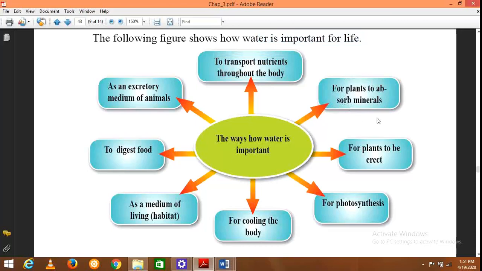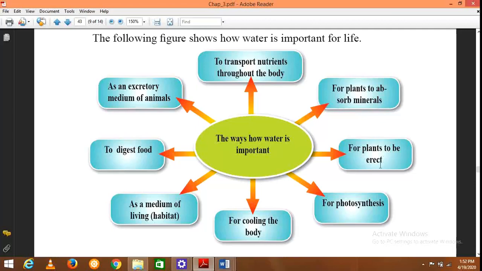Then minerals are absorbed by plants after dissolving in water. So plants can absorb minerals only when there is water. That is why when we add fertilizer to a plant, we are asked to put water at the same time, because the fertilizer or the minerals we provide can only be absorbed by the plant after dissolving in water.